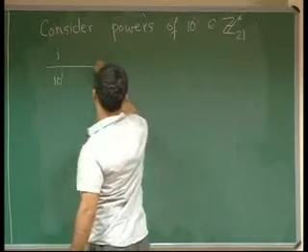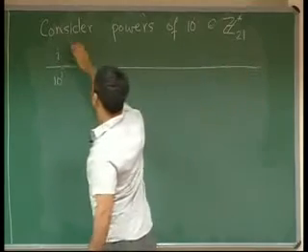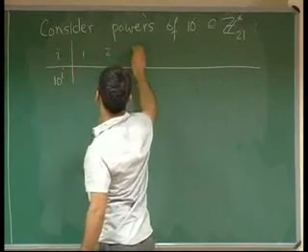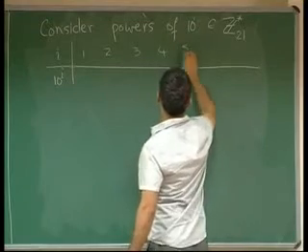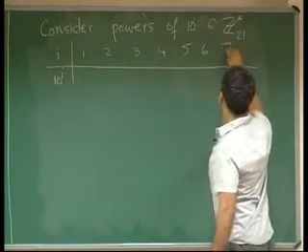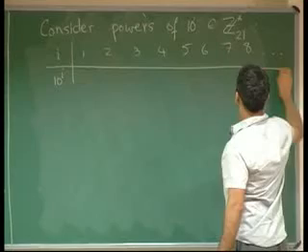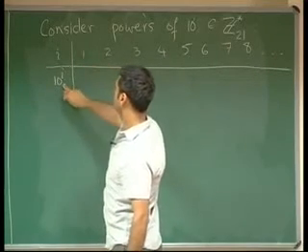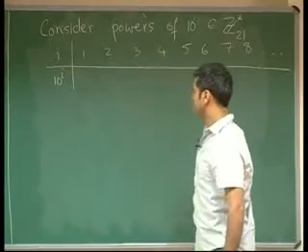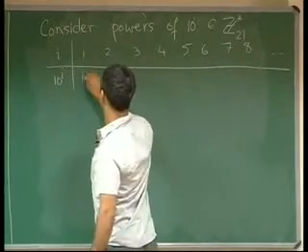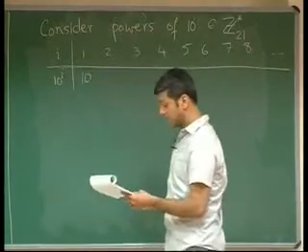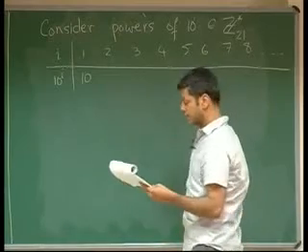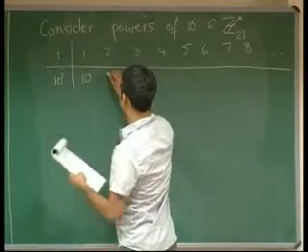So in the first row, I'll write down the exponent, and in the lower row I'll write down the power. So this is 10. 10 squared is 100. When you reduce it modulo 21, you get 16.